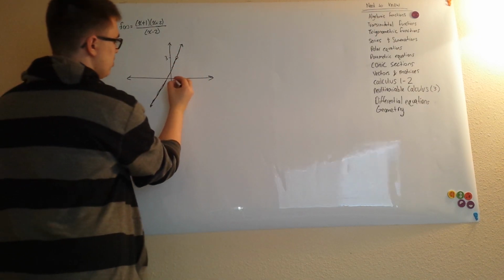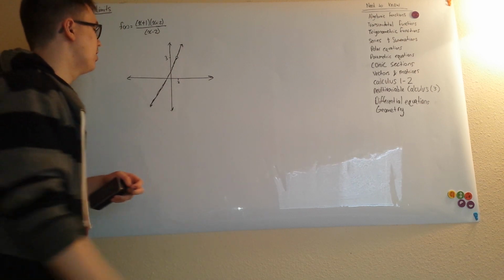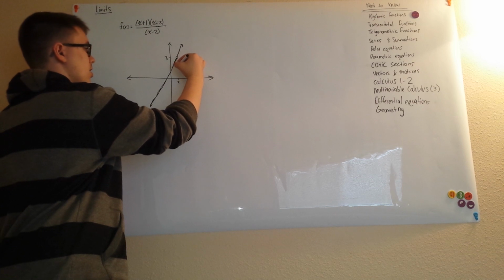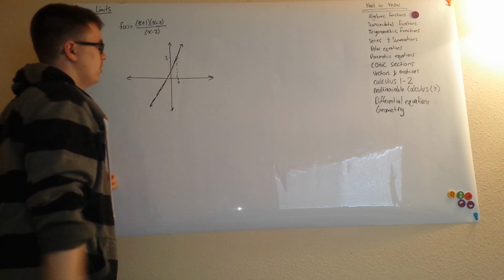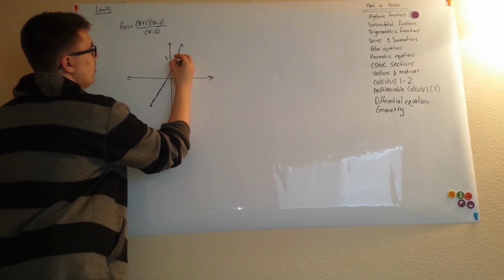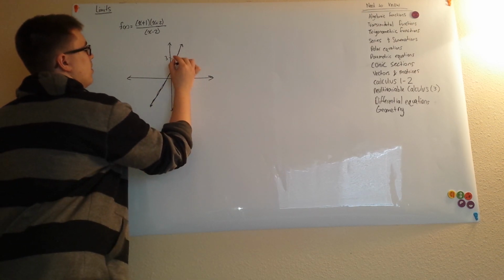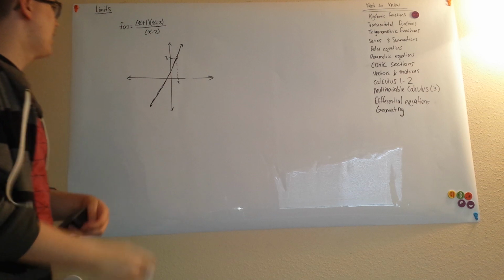As you approach 2 from the left side, and you get really, really close to 2, this point right here is very close to 2, you notice that you get really, really close to 3.